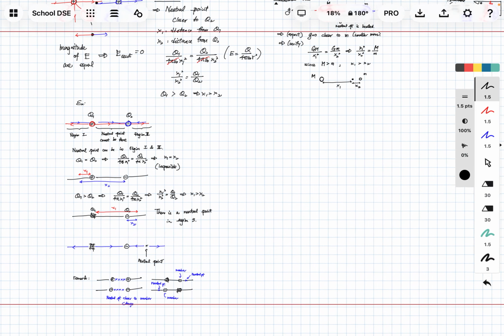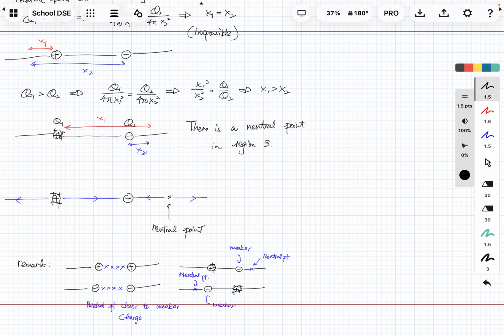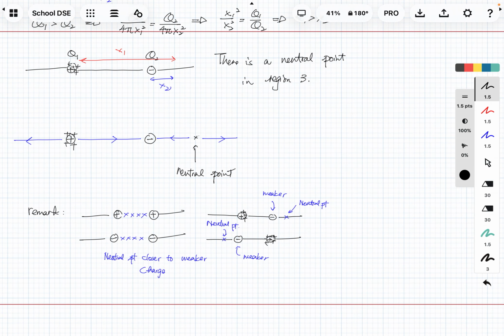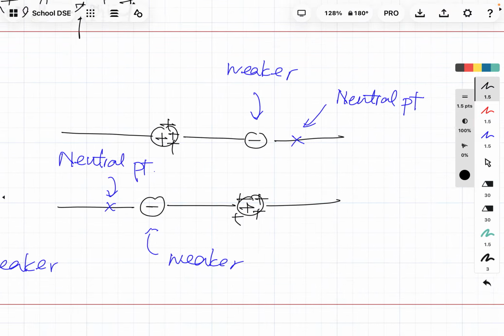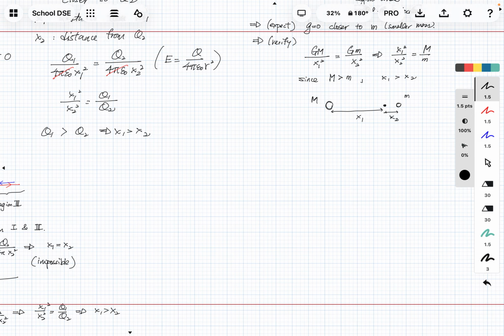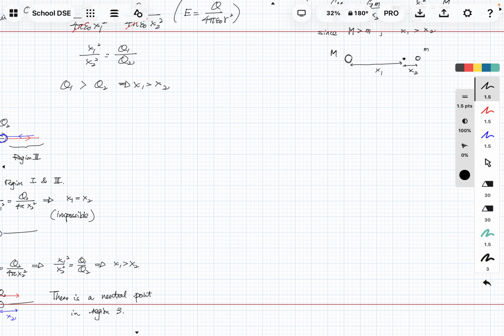So therefore, the neutral point should be here, somewhere closer to the weaker charge. So we should also expect here that this is the neutral point and it is closer to the smaller current.